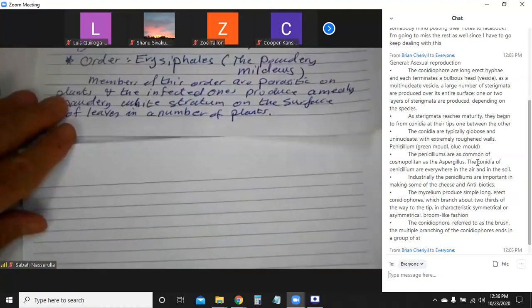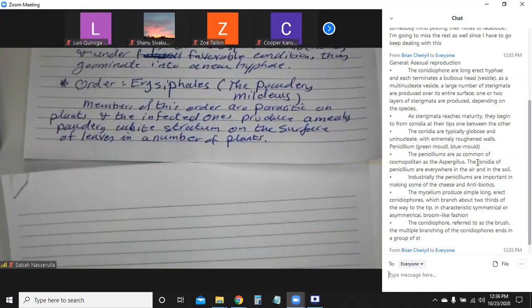Now, the two examples I'm giving you: one is known as Microsphaera and the other one is known as Erysiphe. But mostly I'm going to discuss Erysiphe or Microsphaera.